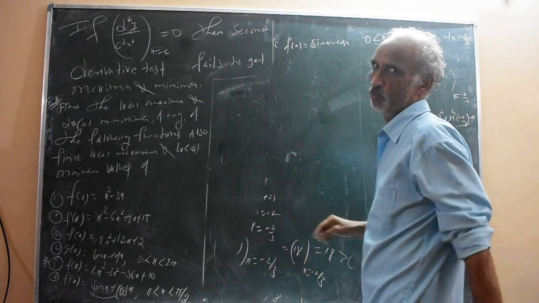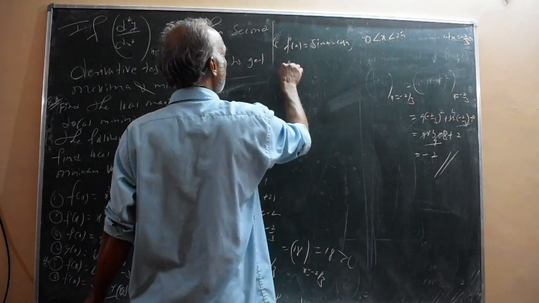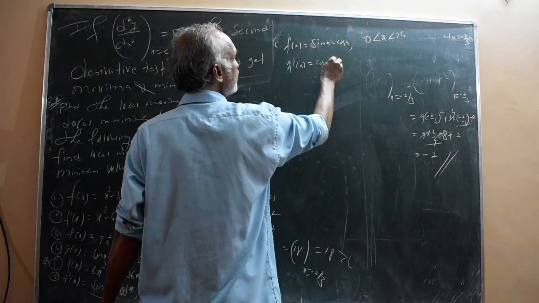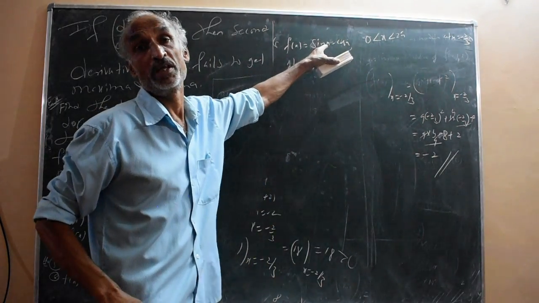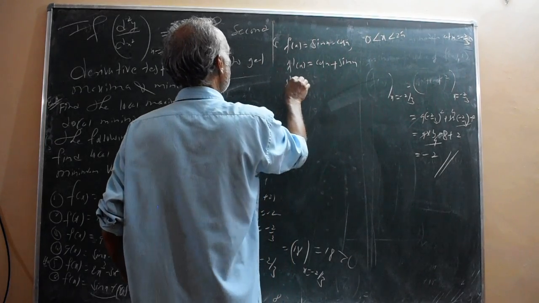Now f dash of x: differentiate. Sin x differentiates to cos x, cos x differentiates to minus sin x, and minus of minus is plus sin x. So you will have f double dash of x.